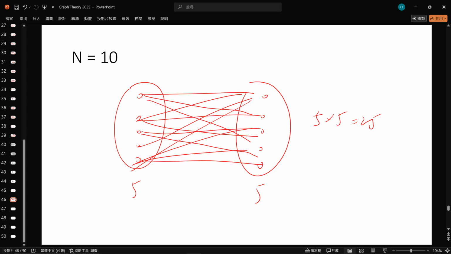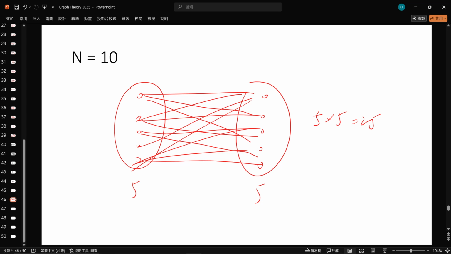And also, we're going to show that 25 is the best you can do. But first, can you see why this graph has no triangle? Can you find a triangle here? Because if there were a triangle here, this would imply that there's some edge that connects some vertices within the same set.